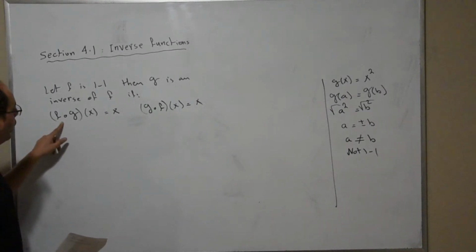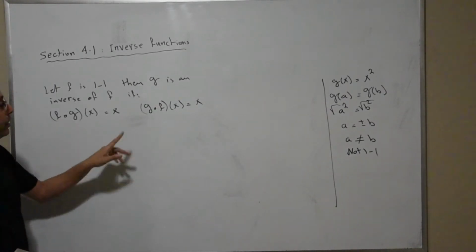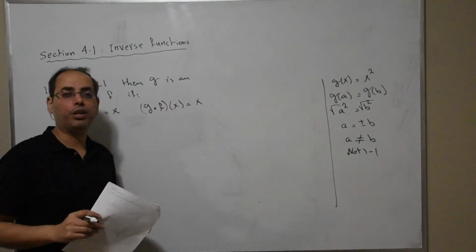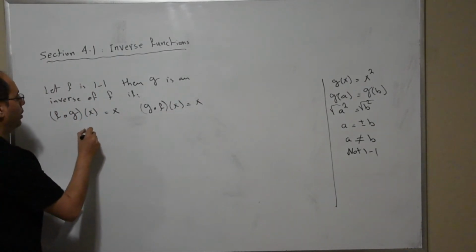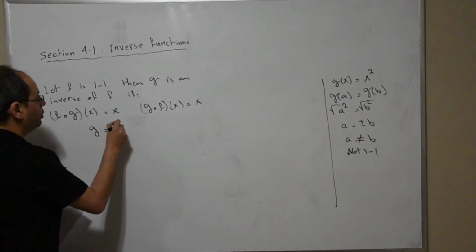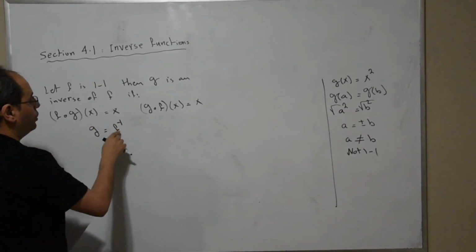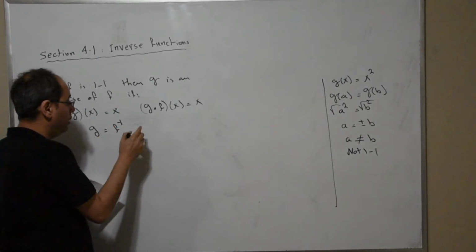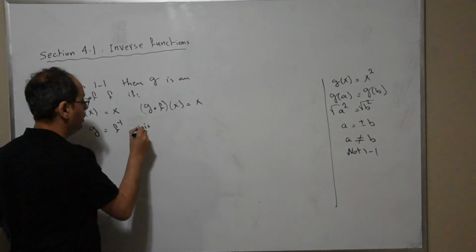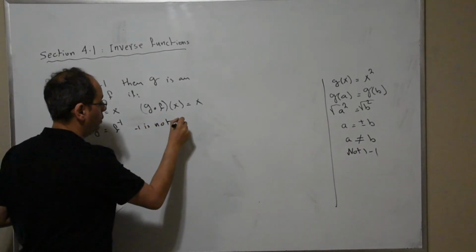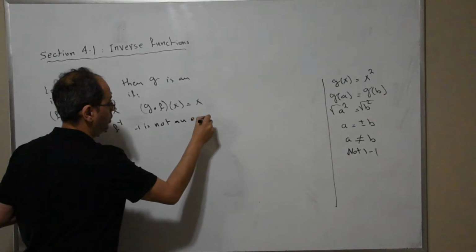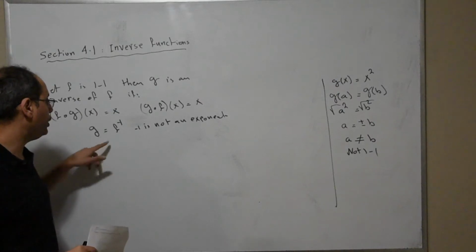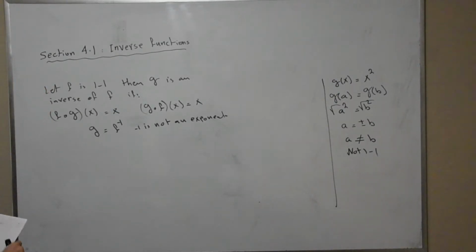So when I compose f of g, it must be x, and when I compose g of f, that also must be x. Therefore, g is f inverse, the inverse function of f. And this -1 is not an exponent. Here -1 means the inverse of f. So g is the inverse of f.